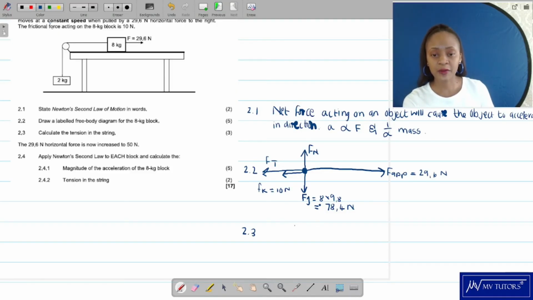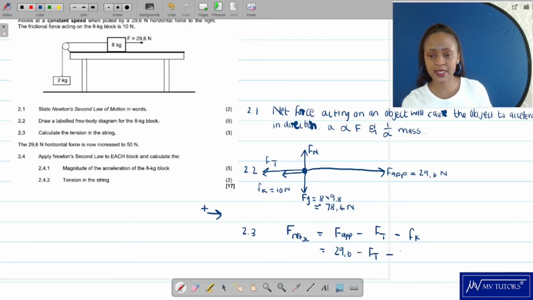When you look at the forces, the net force in the x direction, you're going to have your force applied, which is going to the right, which is positive. We are choosing right as positive. And then we're going to subtract the force of tension, and we're going to subtract the friction force. The force applied there is 29.6. The tension force, that's what we're looking for. And the force of friction is 10.